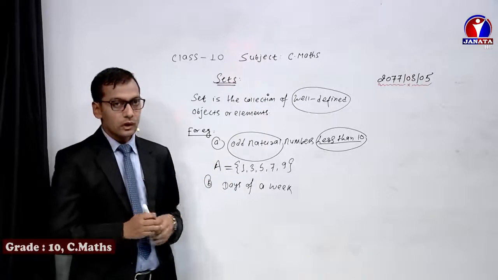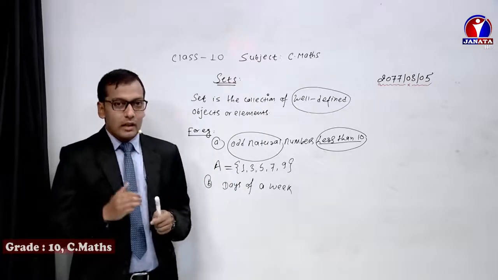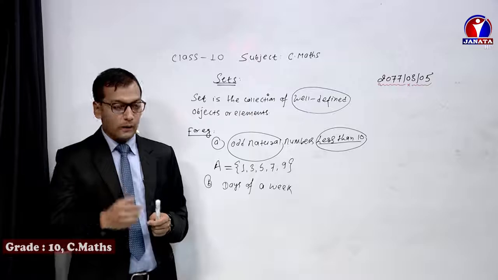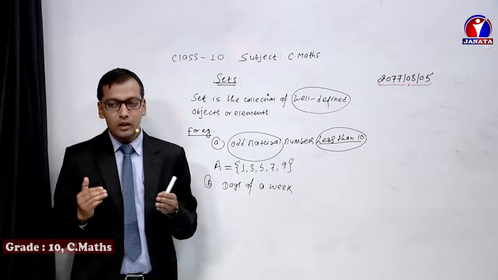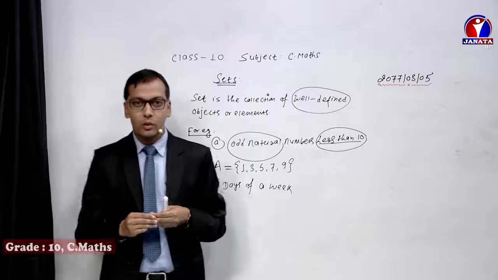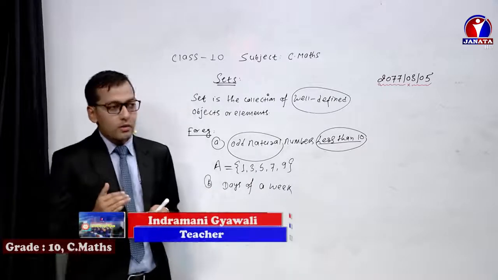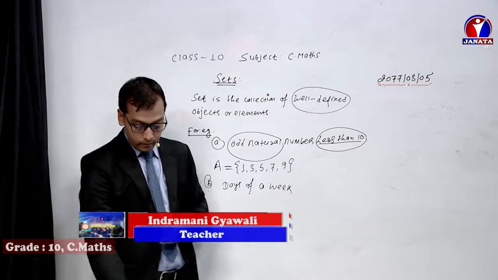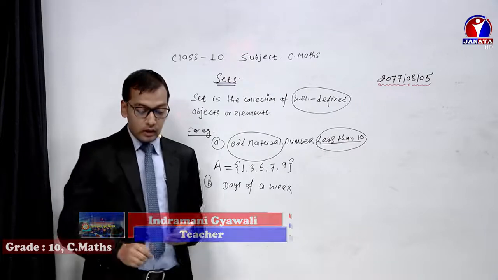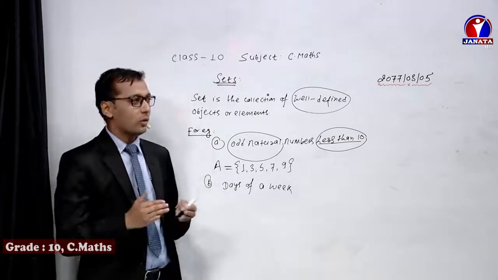Actually, in today's class, I will be focusing on the Venn diagram method of solving questions based on two subsets. Before I start the topic, let me review the topics of lower classes.